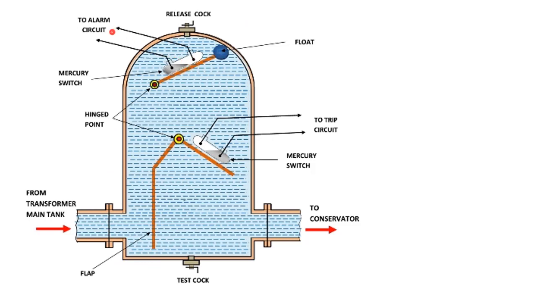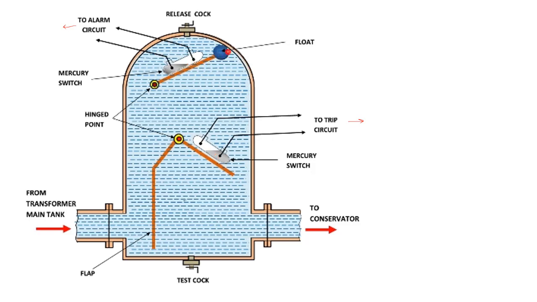One mercury switch gives signal to the alarm circuit, the other mercury switch gives signal to the trip circuit, right. We know mercury is a good conductor of current, so as soon as the mercury level comes here, it short circuits these two terminals. Similarly here also, right.